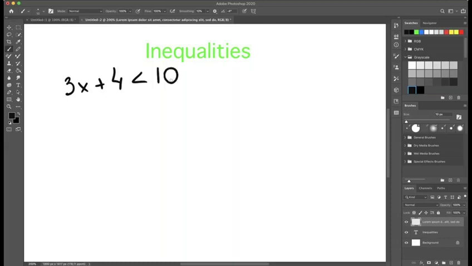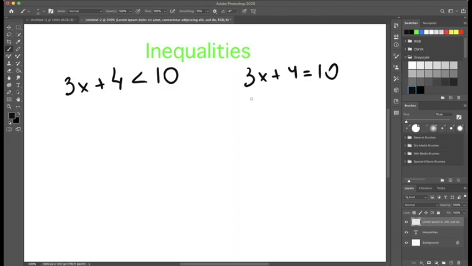Okay, 3x plus 4 less than 10. Sorry, so 3x plus 4 equals 10, that's it, the same thing. You're solving with the same method, but at the end it will be somewhat different.